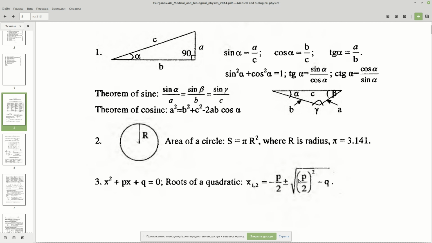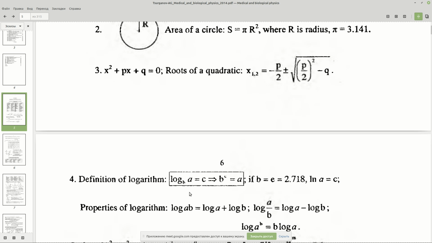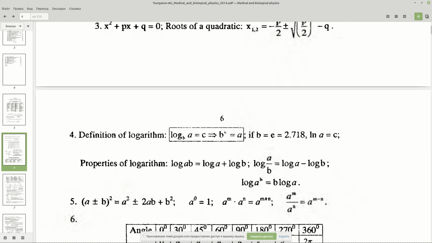So the definition of logarithm. A logarithm on the basement b of a will be c. It means that b in the power of c will be equal to a. So it's a mathematical formula which gives us the power to which we need to raise the basement.